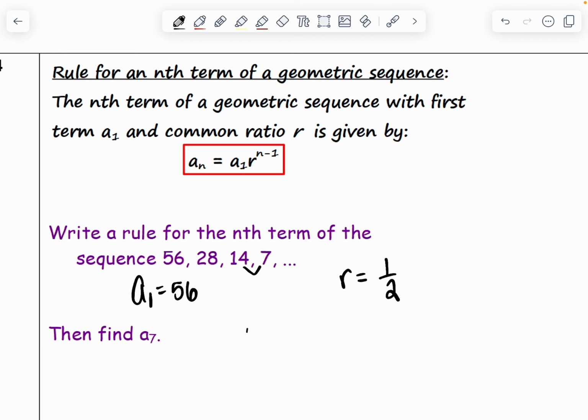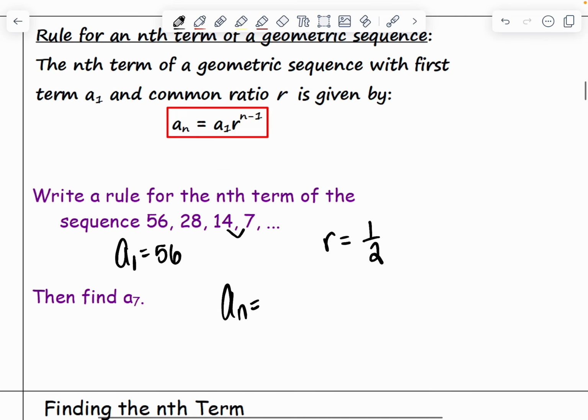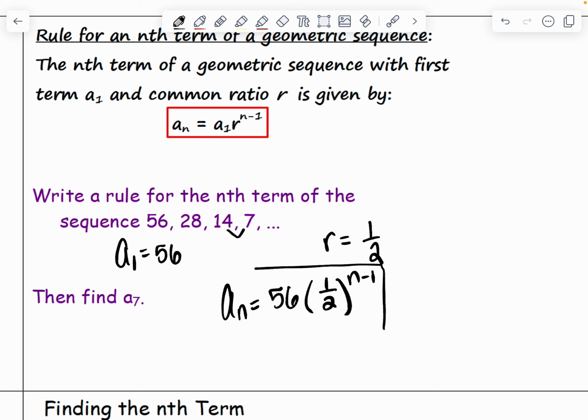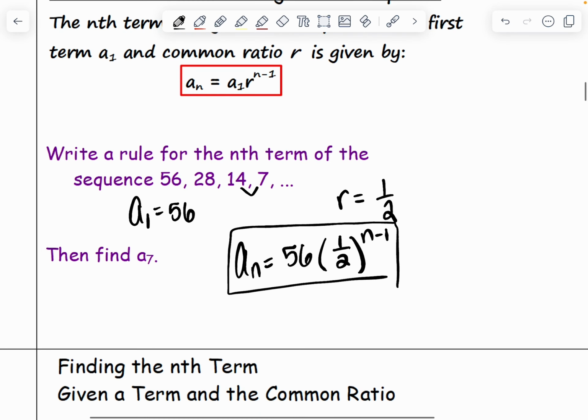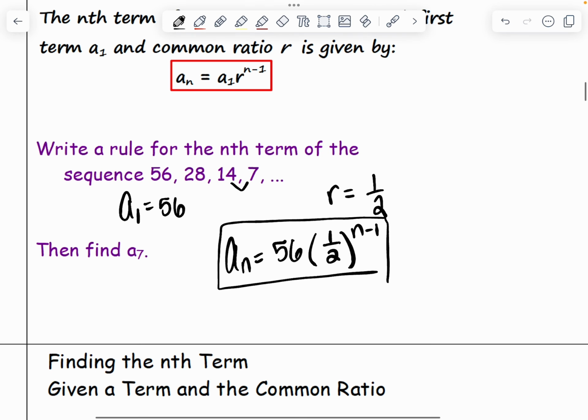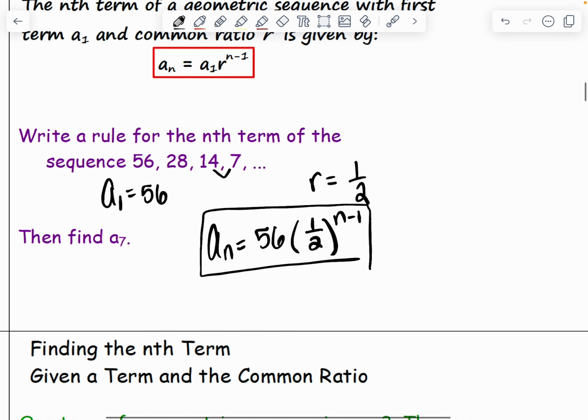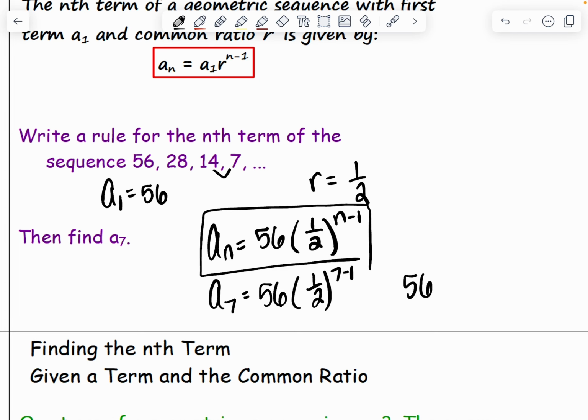Then you can write your rule for this equation. You use a sub n to represent your rule. It's your first term times your common ratio to the n minus 1 power. Finding a sub 7 means finding the 7th term in the sequence, or plugging in 7 for your n value. So a sub 7 would be the 7th term, 56 times 1/2 to the 7 minus 1 power, or 56 times 1/2 to the 6th power.